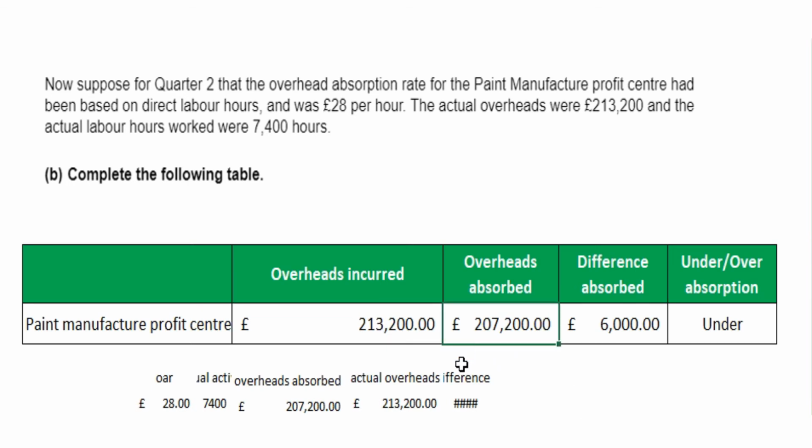That's how you do it. You get the overhead absorption rate which they gave you, without falling into the trap of using one that you've already calculated. They tell you there's a new one of 28. Then multiply the actual activity by your overhead absorption rate and compare. If the overheads absorbed is less than the overheads incurred, it's an under absorption. If the overheads absorbed is bigger than the actual overheads, you've got an over absorption. Let's go on to part C and see what's next.